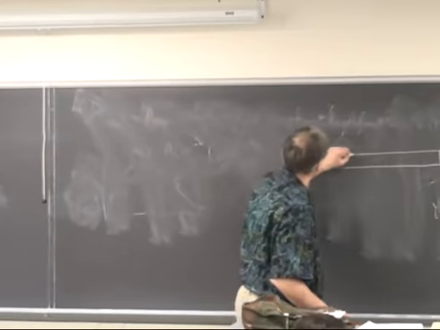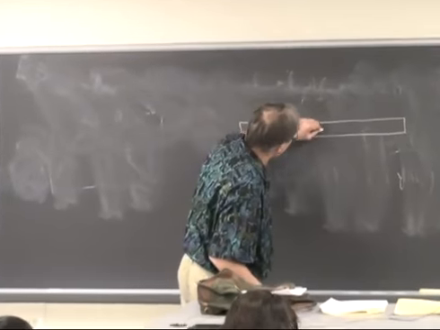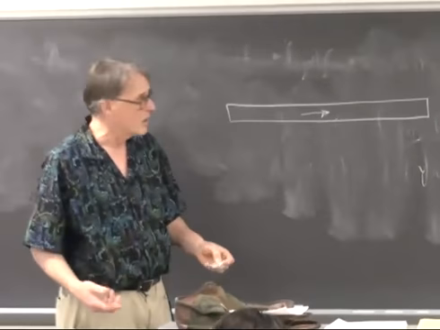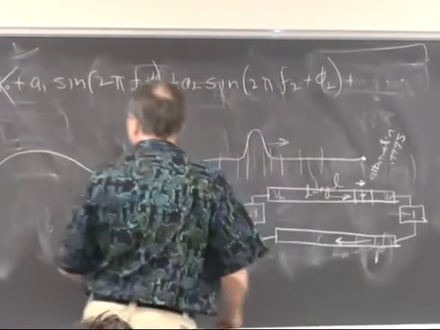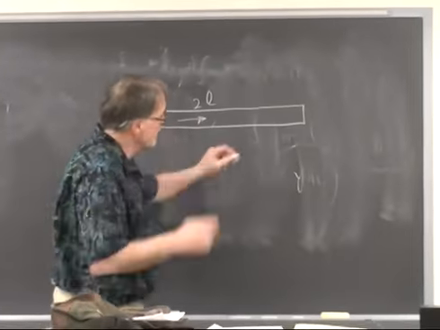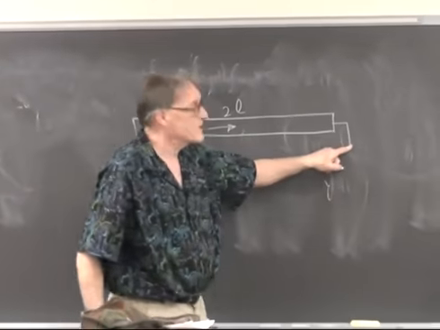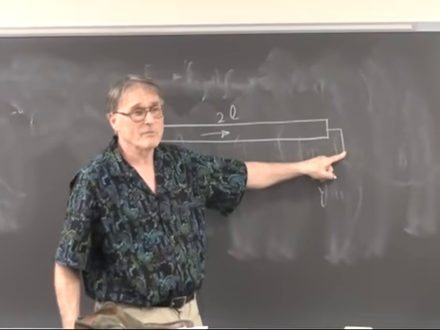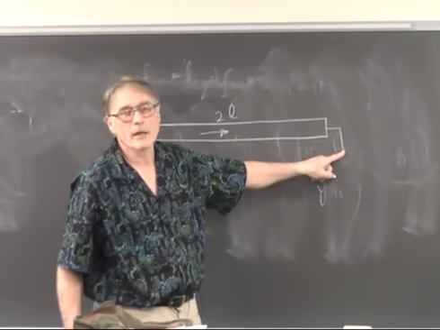And so we can replace this by a single delay line whose length is twice as long. If this is L, this has to be 2L. We replace the -1 times -1 by 1, which is to say we don't do anything.